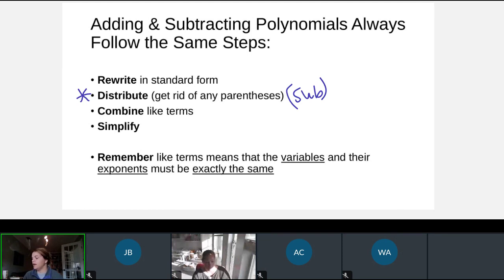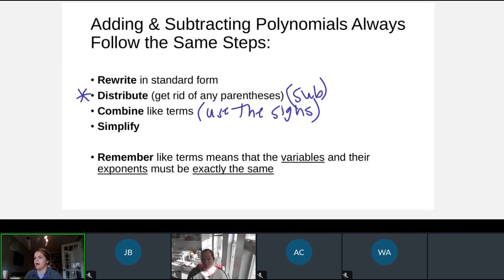Next, you're going to combine like terms. I know for some of you that phrase is a little bit confusing. You're going to use the signs that they give you, either a plus sign or a minus sign. So combine like terms just means you're either going to add them together or subtract. Then you're going to simplify.